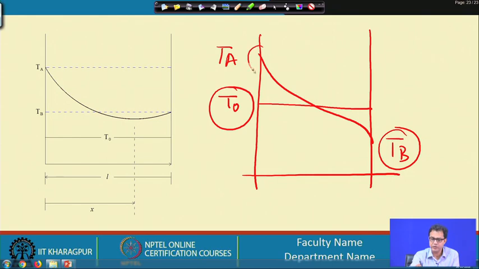In this configuration also, we will find that there is no extremum located at this point.